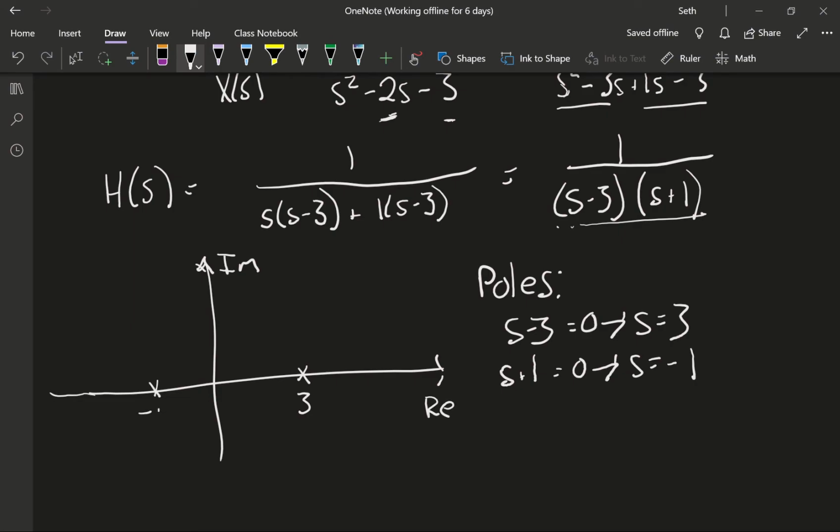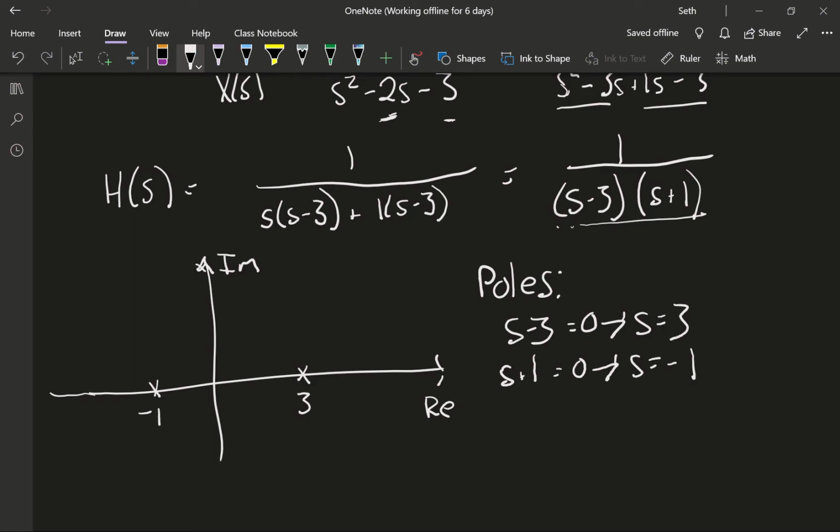These are places where the function is undefined. And there are no zeros for this function because the numerator is just 1.